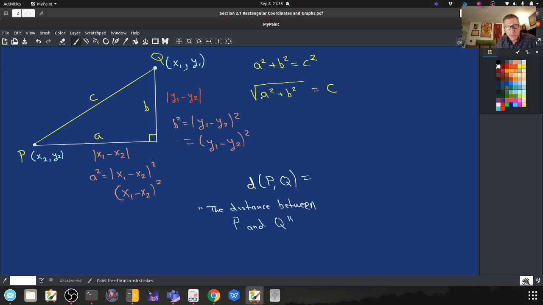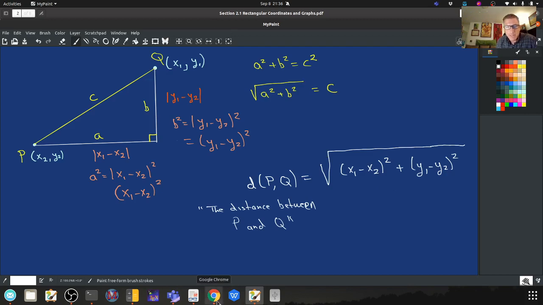So it's equal to the square root. Well, what did we decide a squared was? It is x1 minus x2 squared. Plus, and what did we decide b squared is? y1 minus y2 squared. All of this is under the radical. So we're going to be taking square roots.